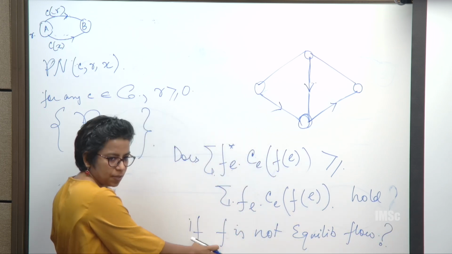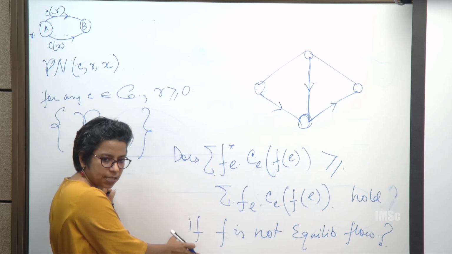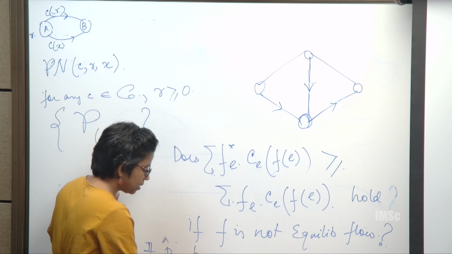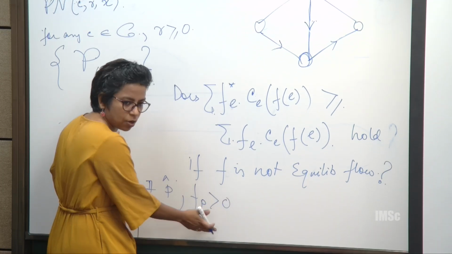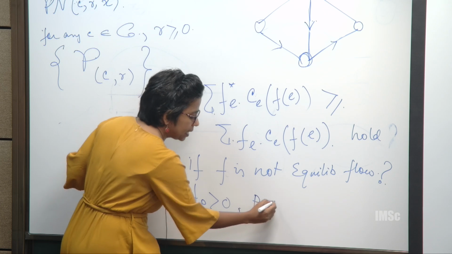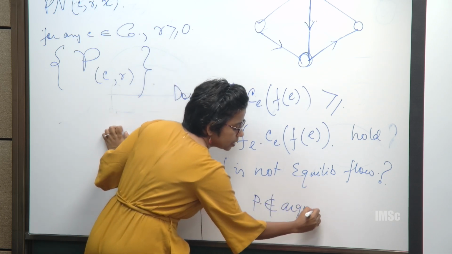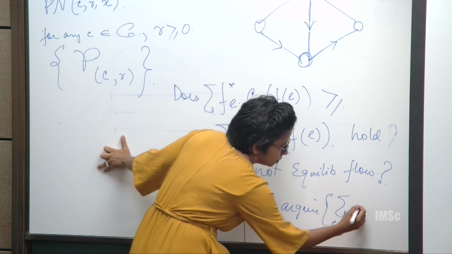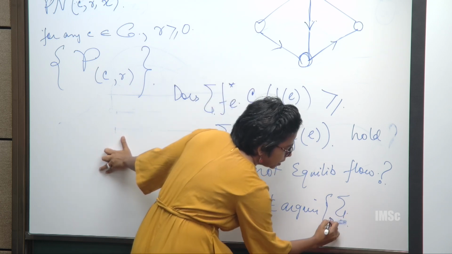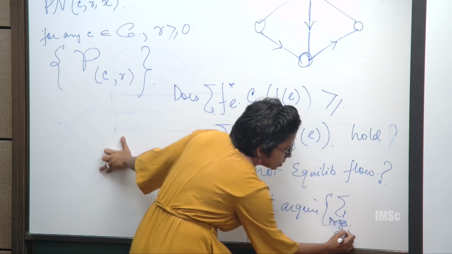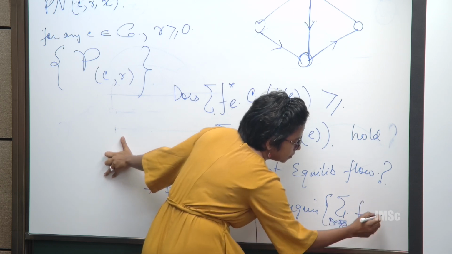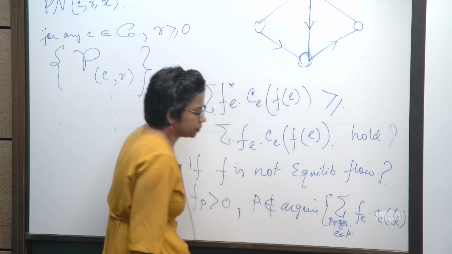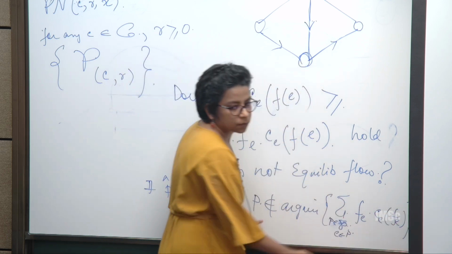Meaning, take f to be a flow which sends non-zero flow along some path P, but P is not part of the shortest paths among all the P in the class P. The edge appears in P, f_e. Is this the notation? Okay. This will not work.